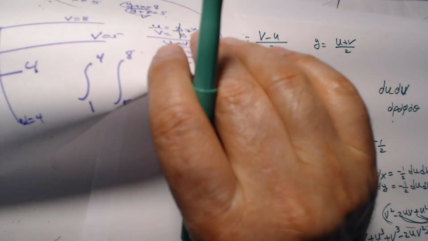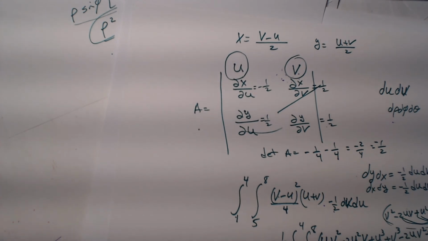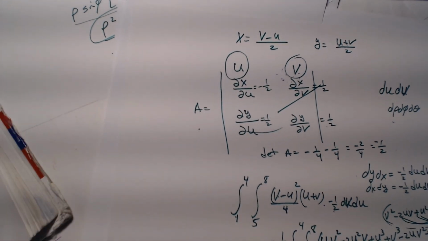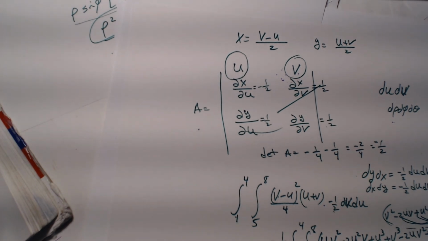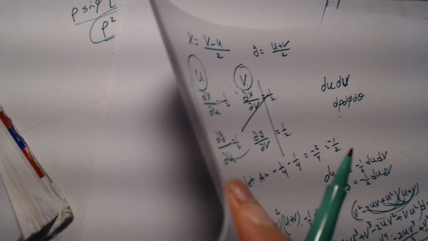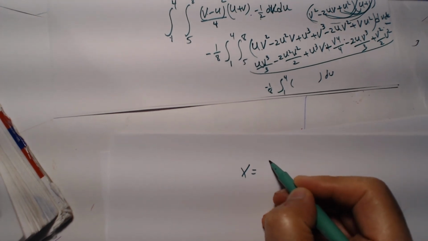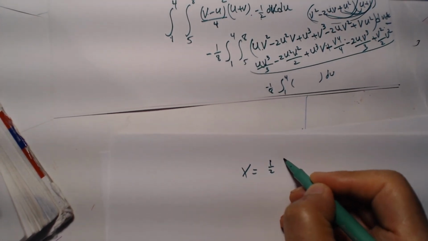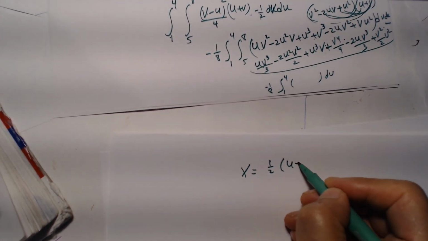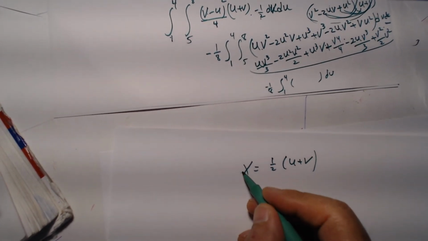Therefore, let's do a single easy problem. Let me see how much time it is. It's 27 minutes. Maybe if we pick that one right here and say x is equal to 1/2 (u plus v), and no, I don't like that.